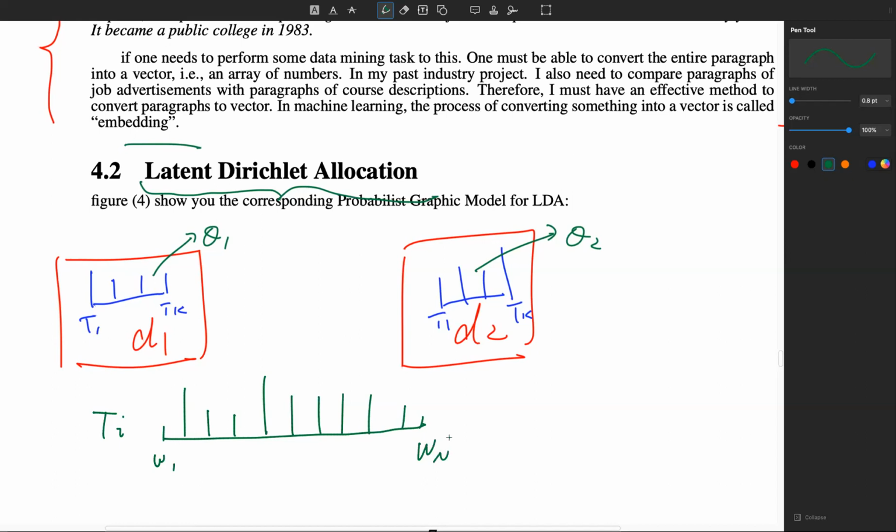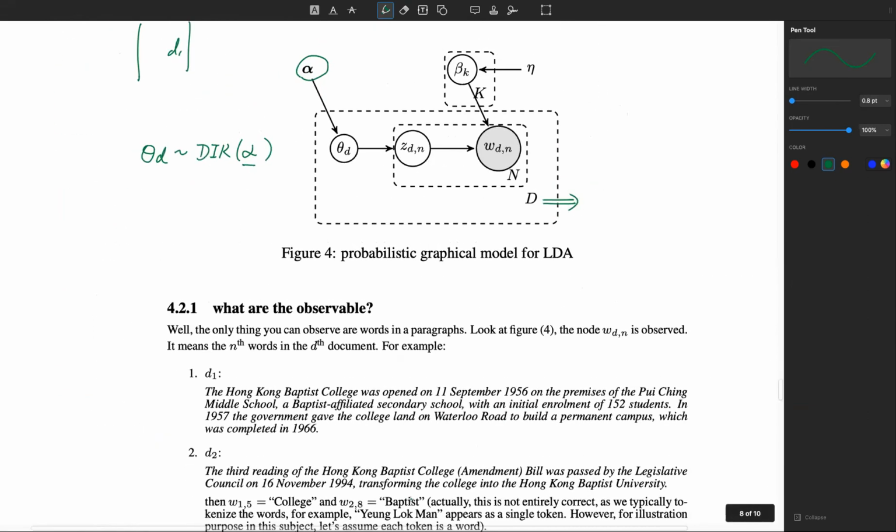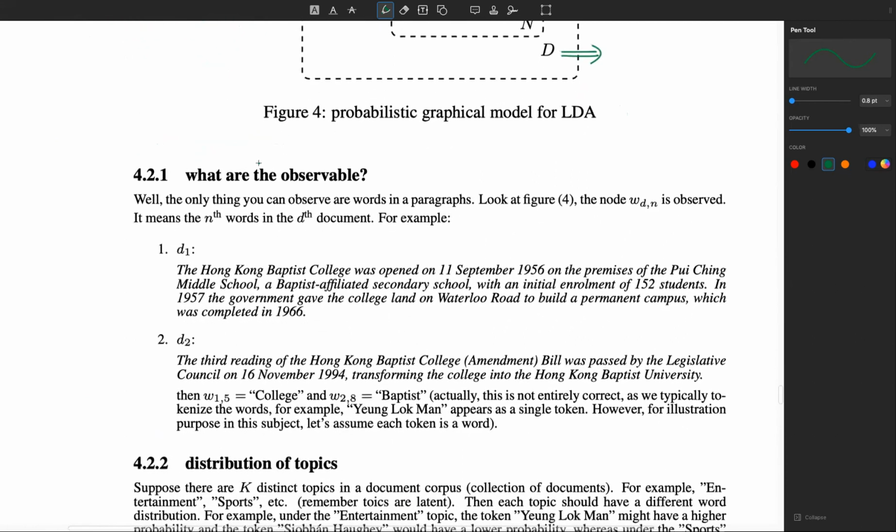Do you understand that? I actually have an example for you. For example, if you have entertainment, let me actually show you. This is document number 1, and this is number 2.